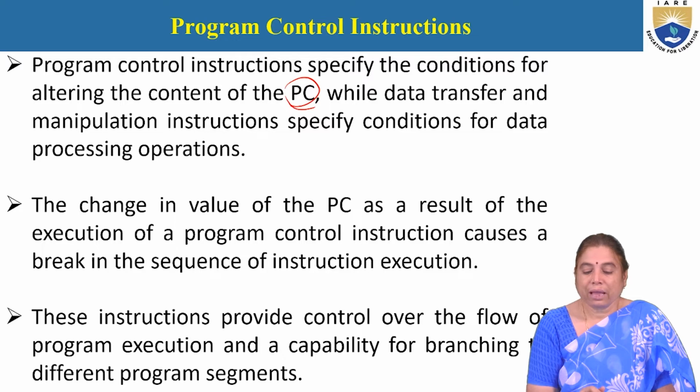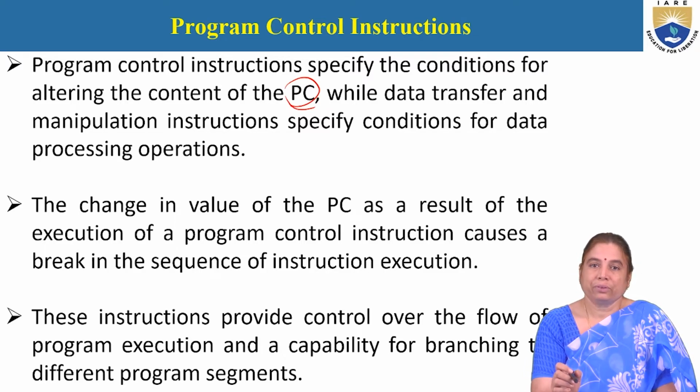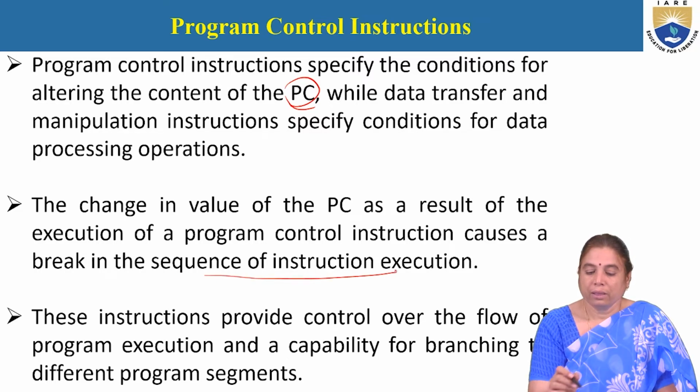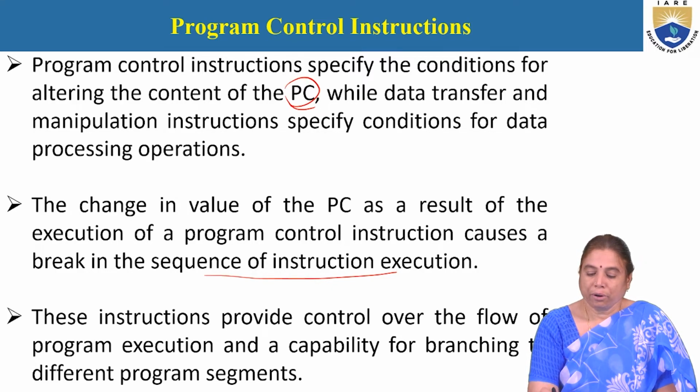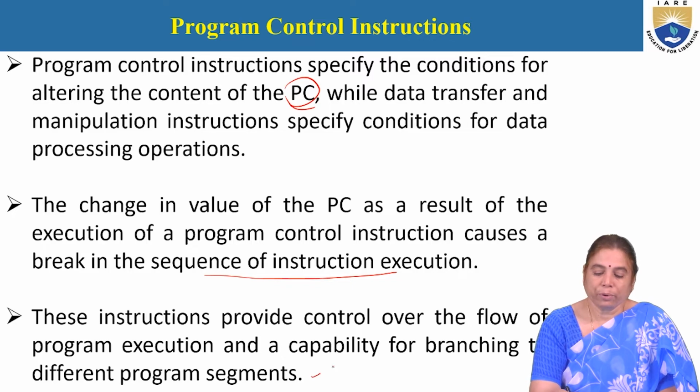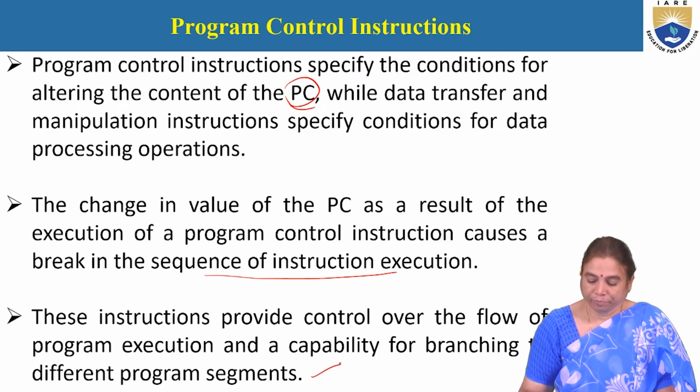The change in the value of PC as a result of execution of a program control instruction causes a break in the sequence of instruction execution. So these instructions provide control over the flow of program execution and the capability of branching to different program segments.